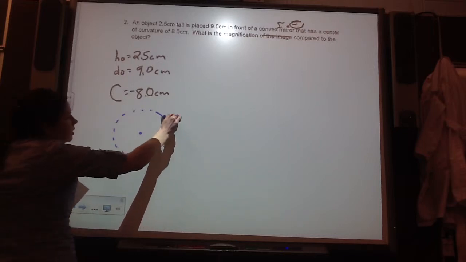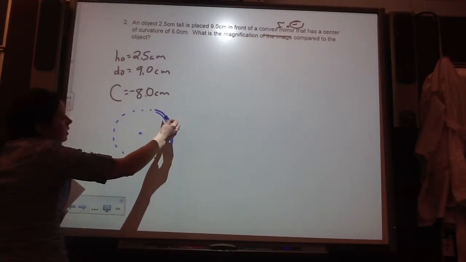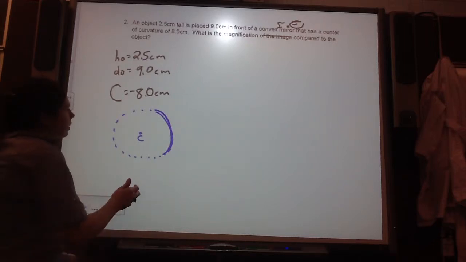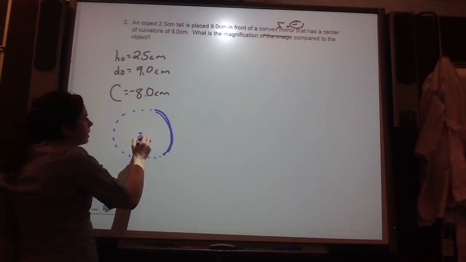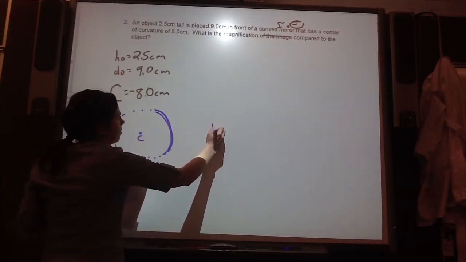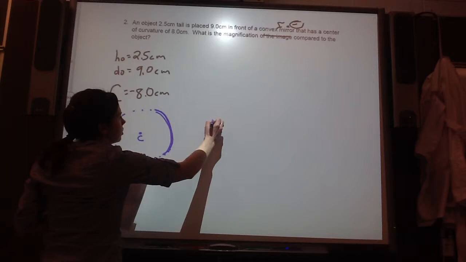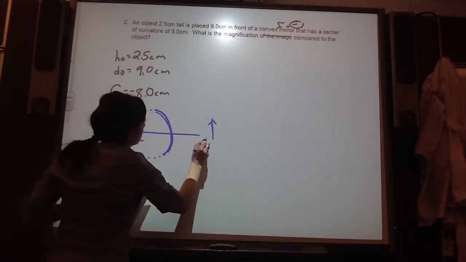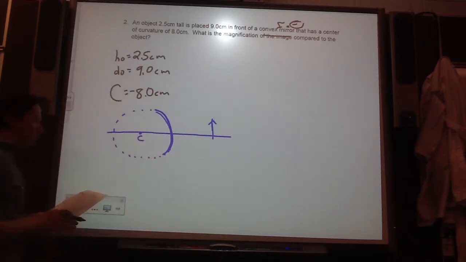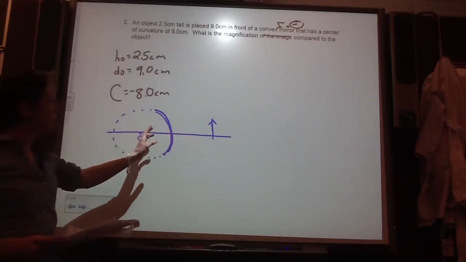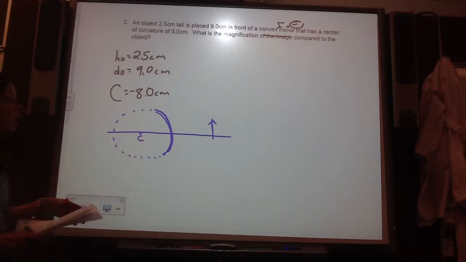So it would be like the slice of a sphere on this side, and here's our center. Now remember that this needs to be negative because it's going to be on the opposite side of where the object is. So here's your object. Here's your center. So since your center is behind where your object is, that's why it's negative.